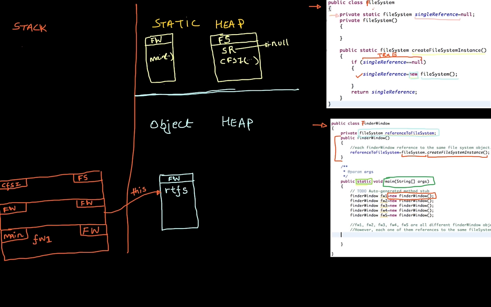So my SR at this point is now going to point somewhere on the heap, which happens to be the object of the file system. This is now a file system instance, and this instance is going to contain all the instance specific members of the file system instance.